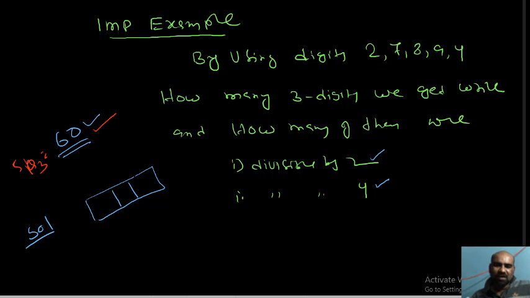This box should be filled with an even number only, that is important. How many even numbers do we have? 1, 2, 3 only. I can fill this box with either 2, 8, or 4 only. So there are 3 ways to fill the first blank. One operation is completed. Now I want to start the second operation. What is our second operation? Filling these 2 blanks. How many elements are there with us to fill?